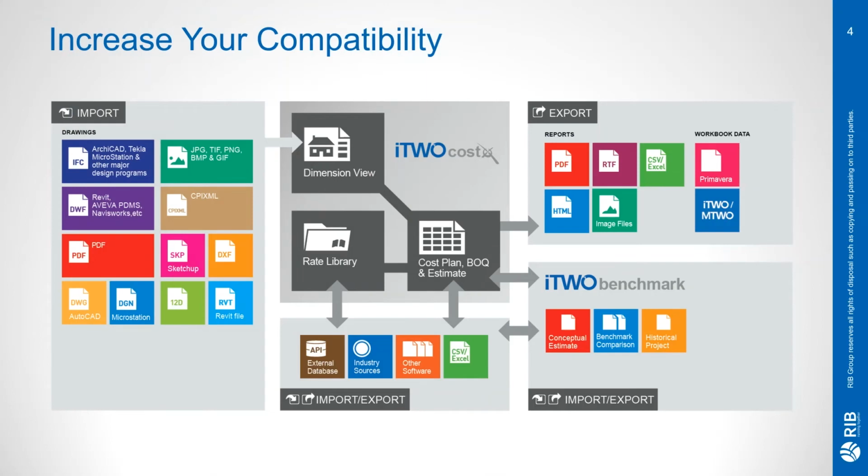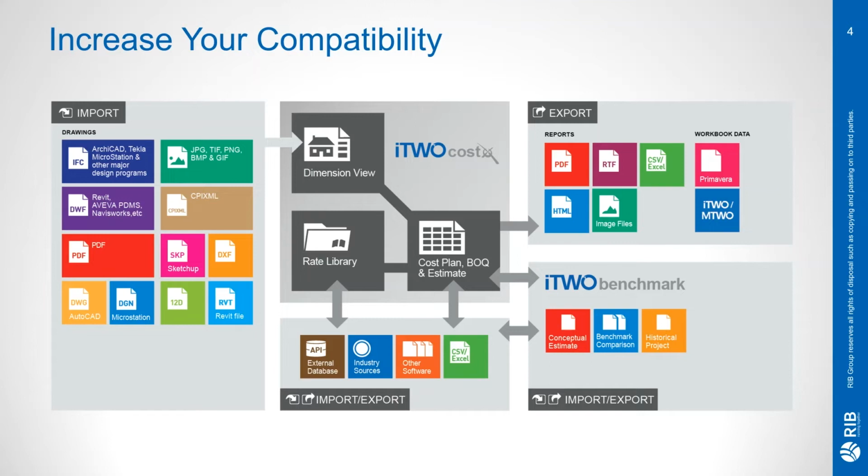costX is interoperable and compatible with a whole host of other software. From an import point of view, we support more than 20 different file types, anything from JPEGs and PDFs, DWGs to native Revit files, IFCs and DWFX files. All of this is brought into iTWO costX, which is a database environment.